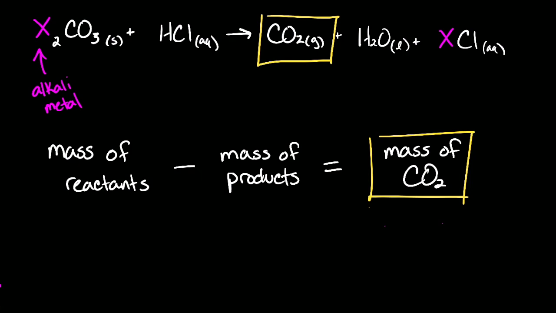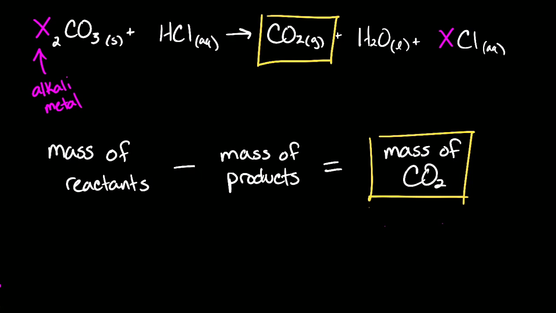The first set of calculations that you do out of this lab is just going to be a mass difference calculation. So we know that the law of conservation of mass tells us that the mass of the reactants in a chemical reaction will be equal to the mass of the products in the chemical reaction, right? Mass is not created or destroyed.